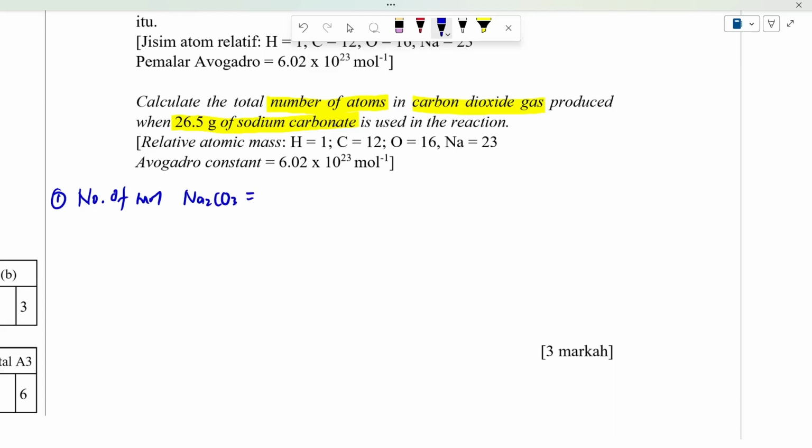So we have mass 26.5 over the molar mass. So what is the molar mass for sodium carbonate? 106. So what is your answer? 0.25.